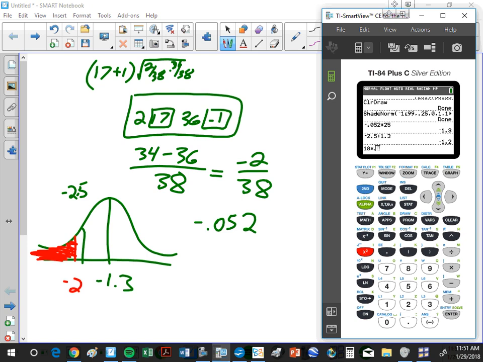There's 2 of them: 36 copies of 38. So 2 divided by 38 times 36 divided by 38.